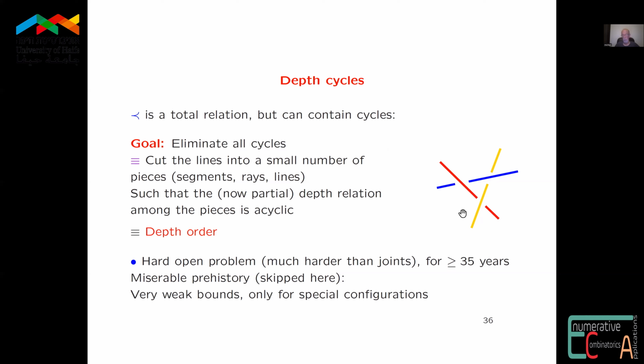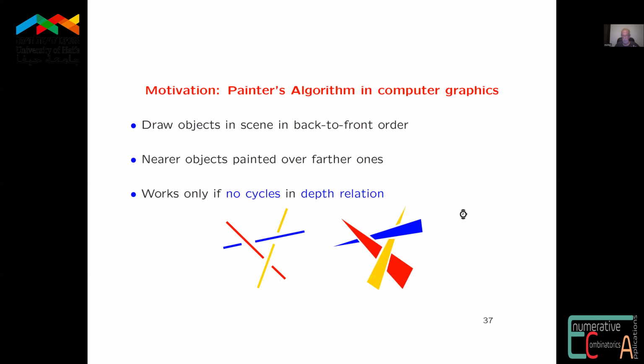So what do we want? Before telling you what we want, let me say that this problem really comes from a motivation in computer science, the so-called painter's algorithm in computer graphics. Lines are a special case of a scene that consists, say, of triangles in 3 dimensions. You want to render it on a screen so that if one triangle hides something behind it, you will not see that something. The painter's algorithm is a kind of easy heuristic.